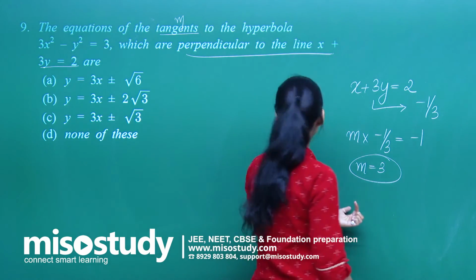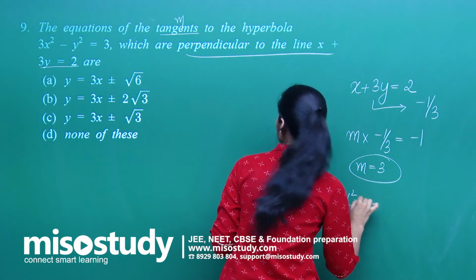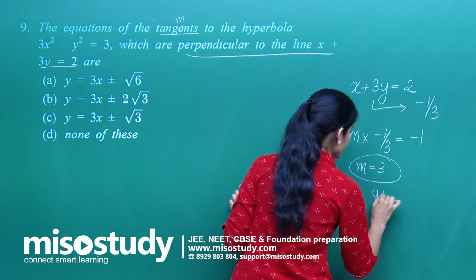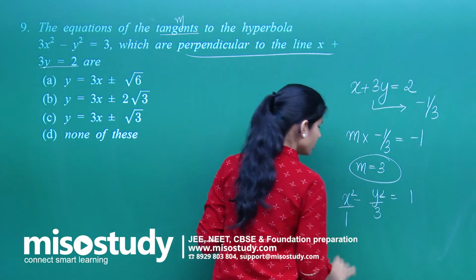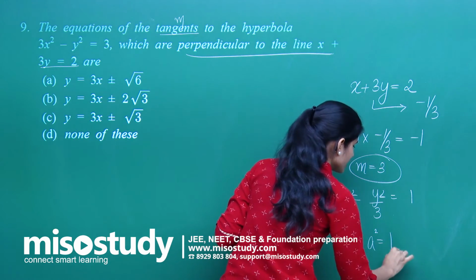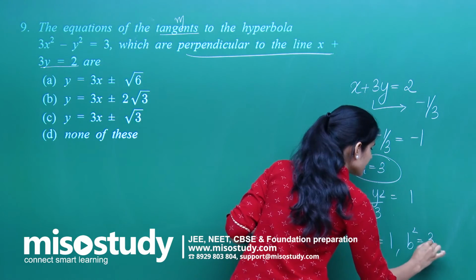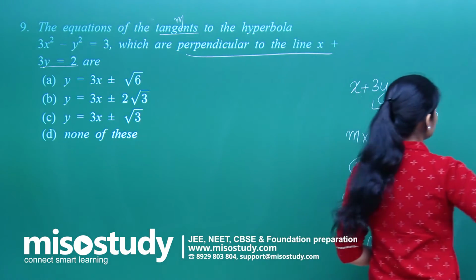Now m is 3. Also, the equation of the hyperbola I can write as x square minus y square by 3 equals 3 by 3, which is 1. So a square is 1 and b square is 3. So what is the equation of the tangent?